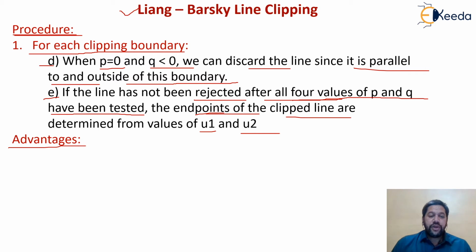As I told, the procedure of a line clipping algorithm should be followed in the Liang and Barsky algorithm as well. The only change is in the calculation: how I can use minimum arithmetic, minimum division, minimum operations to find the intersection point, so that it is easier for us to have a faster line clipping algorithm.